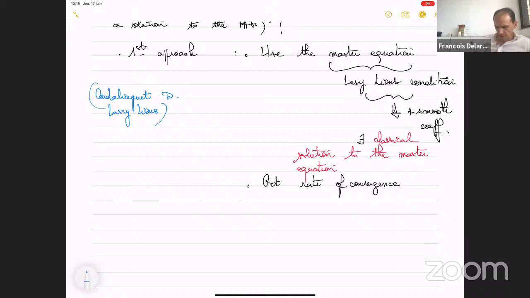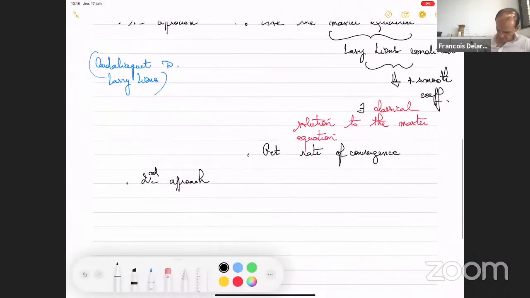Now, this is not the only method that exists. And as I told you before, you have another one, which is based on compactness arguments.